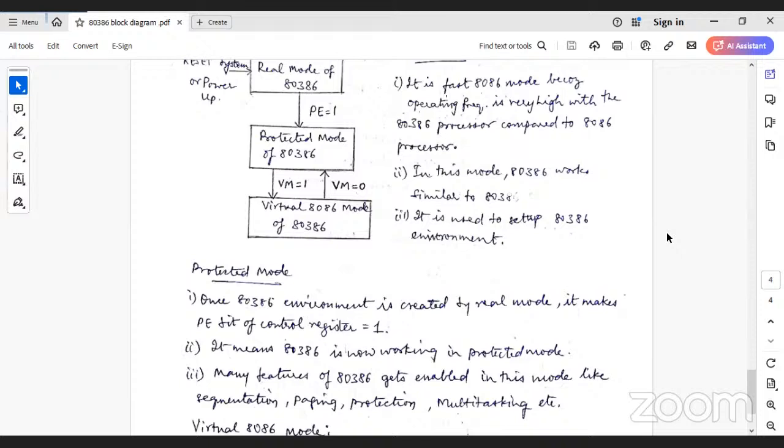Compared to other topics like 486 and 586, at least try to read classification and characteristics of memory. That will be easier for you.